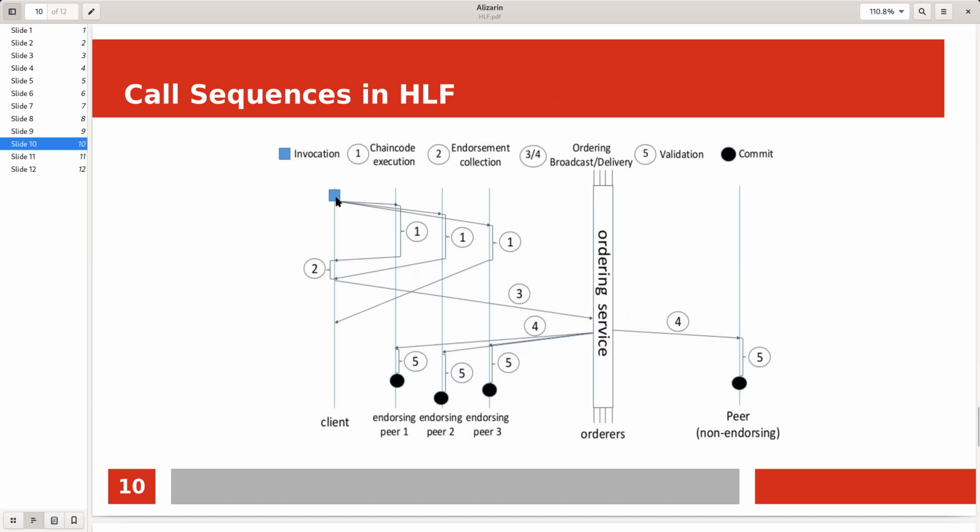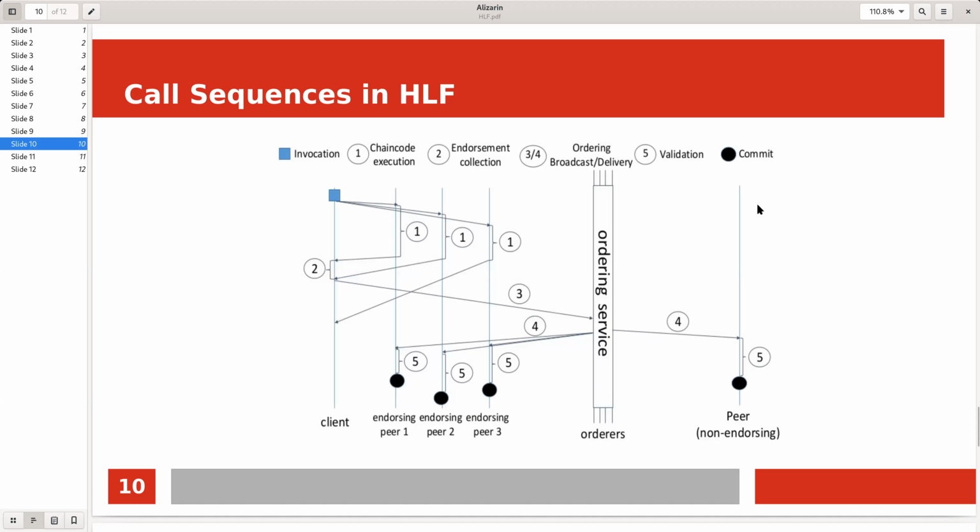So from a client, there is an invocation. Then chain code execution is precisely smart contract execution. Chain code is the term for smart contract. The results are being endorsed. Then they come through the ordering service.